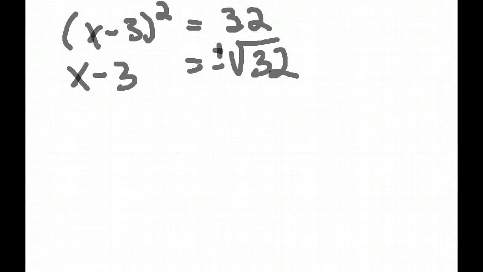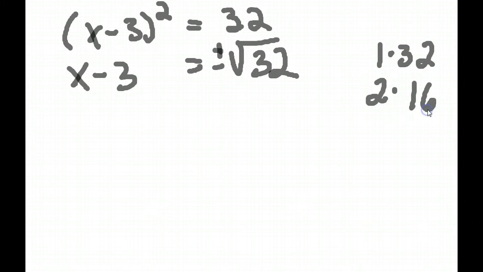So let's start by simplifying the radical. Is there anything we can pull out of this plus or minus square root of 32? Think about any factors of 32 that are perfect squares. What are some factors of 32? We have 1 times 32, 2 times 16. And that's a pretty big square, isn't it?